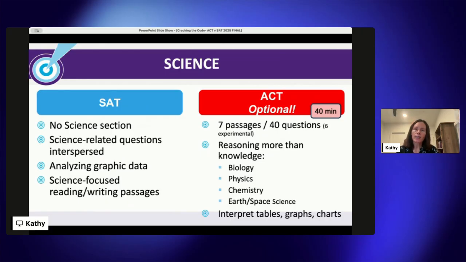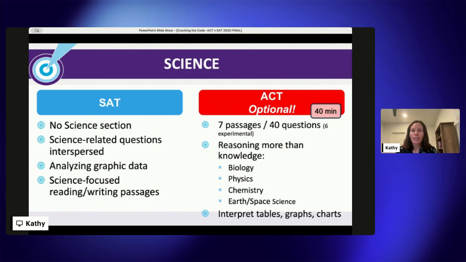And ACT science has always been more of a reasoning reading test and less of a knowledge-based test. Now, you do have to have some familiarity. You might have to know some chemical formulas like NaCl is sodium chloride. I do remember that from taking chemistry a bazillion years ago.